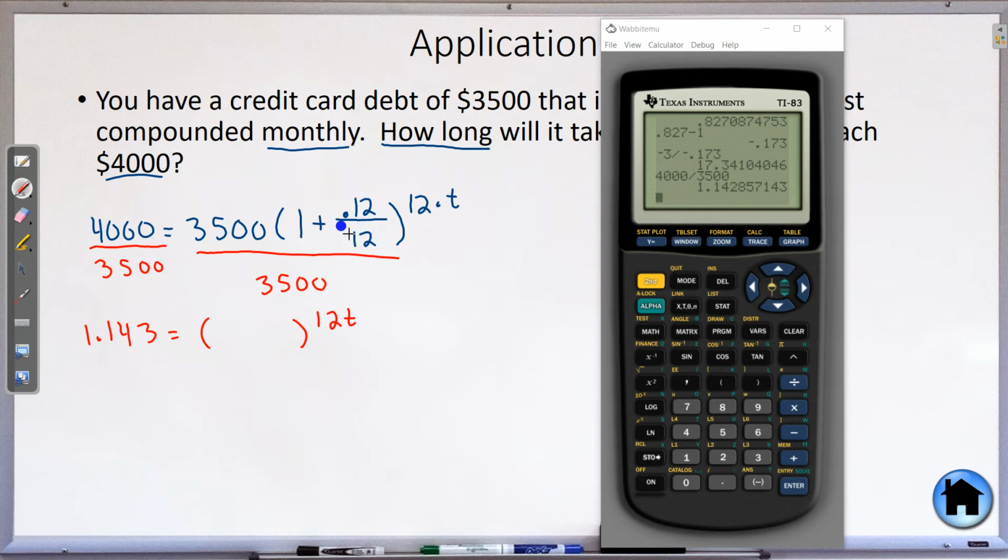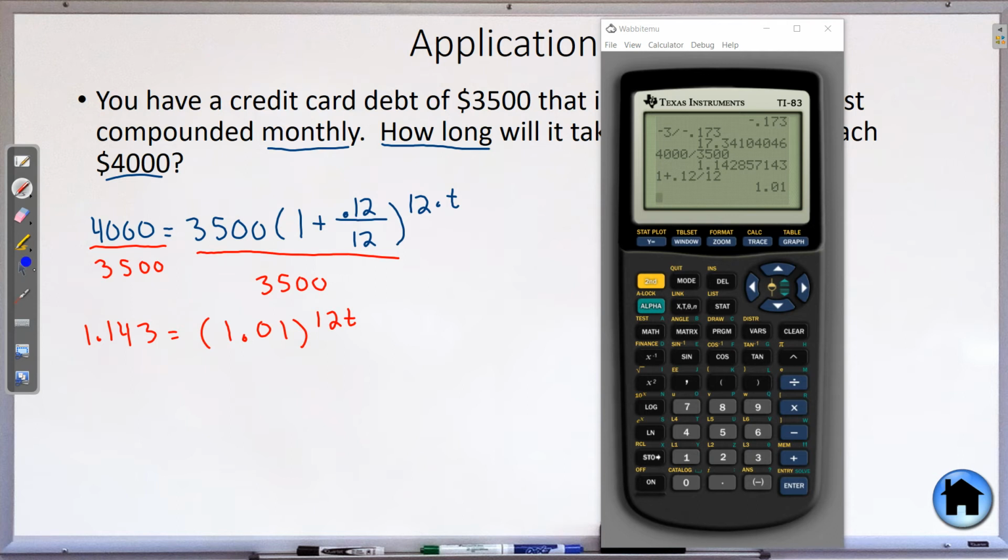That's just a number, and I can type that into the calculator as well. So 1 plus 0.12 divided by 12. Let's turn those parentheses into just a number, 1.01.